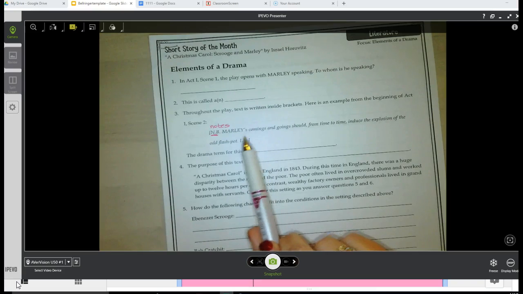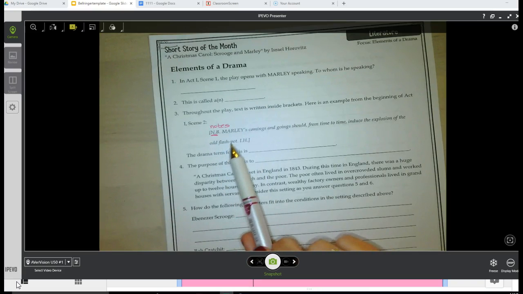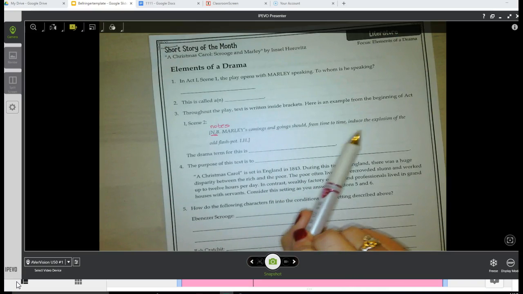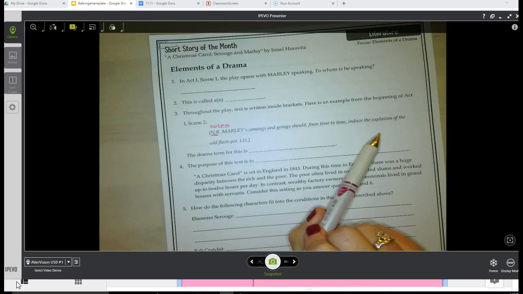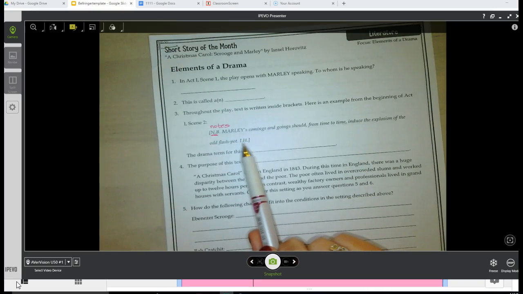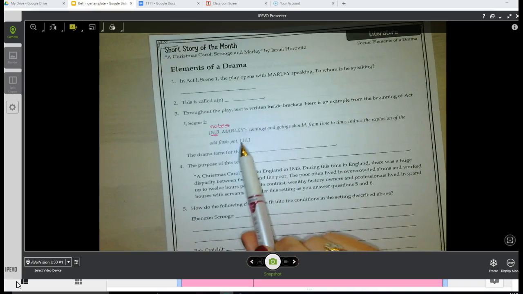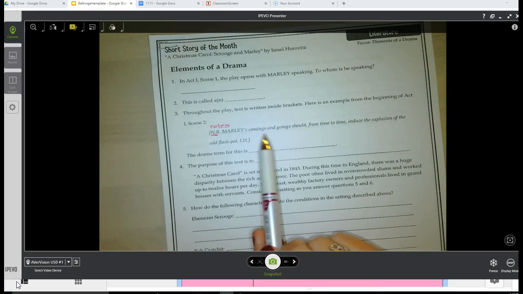So they're saying, hey, when you put on this production, at some point during this scene, you might want to set up a couple flash pots. And then there's this IH, which I found out is the author, Israel Horovitz. It's his initials. So when you see this NB and IH, it's a note from the screenwriter, Israel Horovitz, to whoever is putting on this play. I found that kind of interesting.